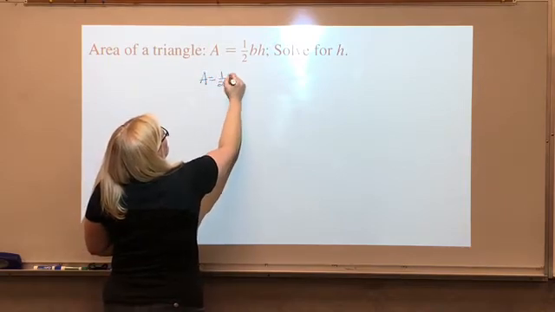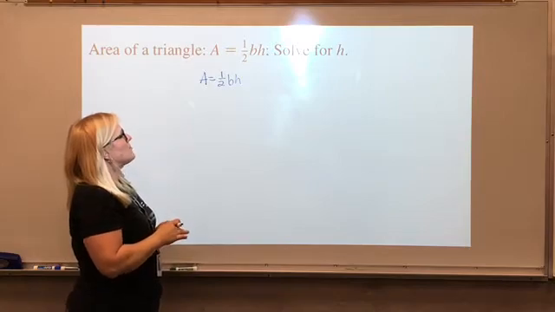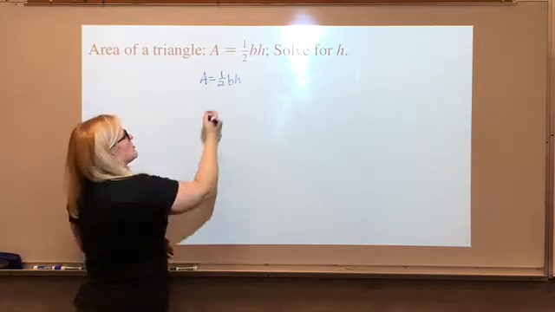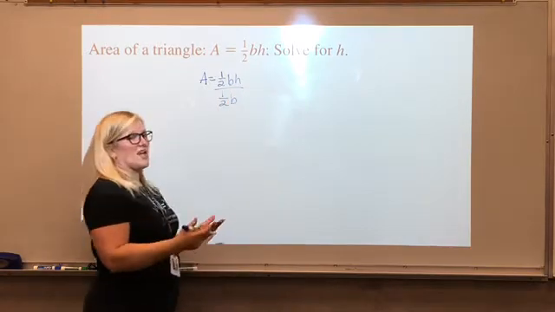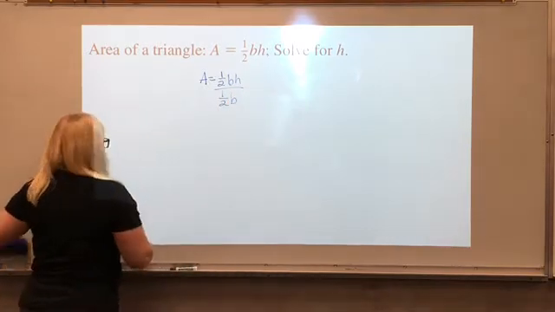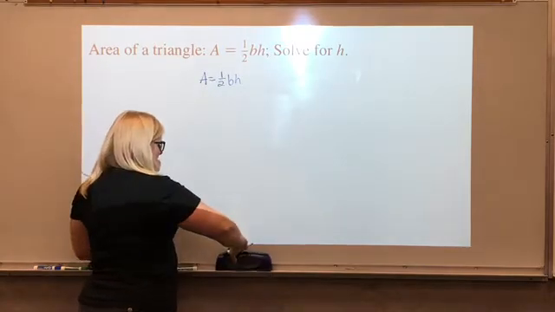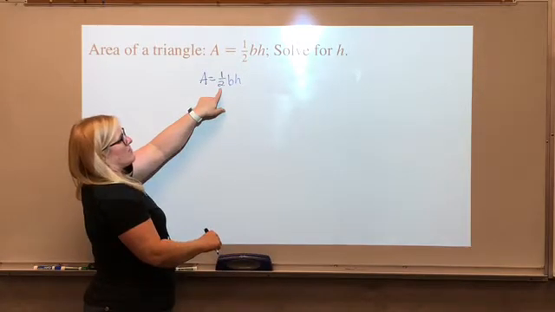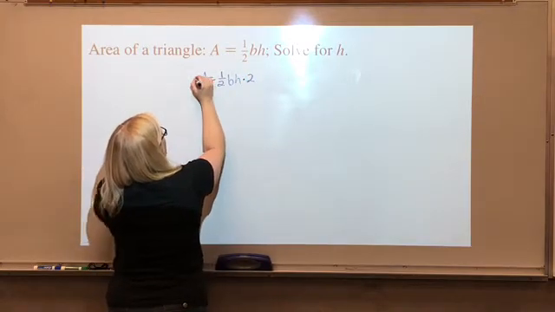So what I'm going to do first is, well, what I really could do is I could just divide through by 1/2 B. That's what I could do. But instead of doing that, I think I'm going to get rid of that 1/2 first. And the way that you get rid of this 1/2 is you multiply both sides by 2.